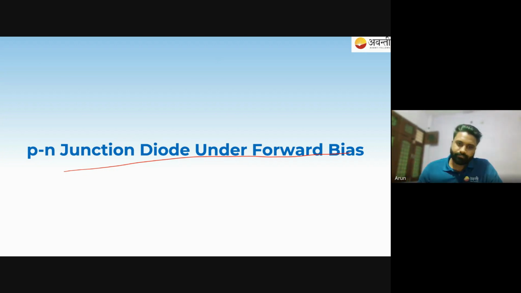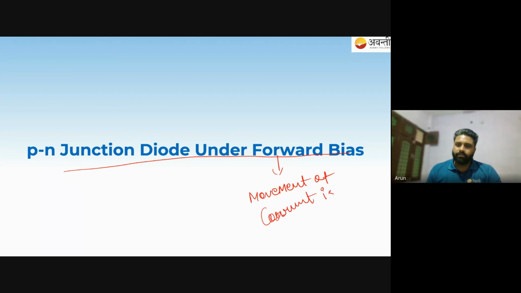This means movement of current is possible, or you can say it shows high conductivity.